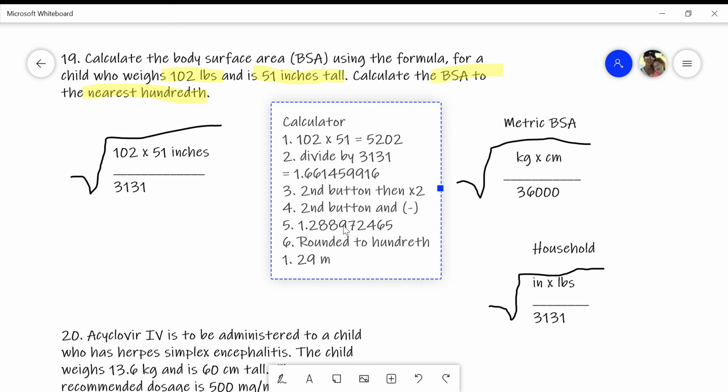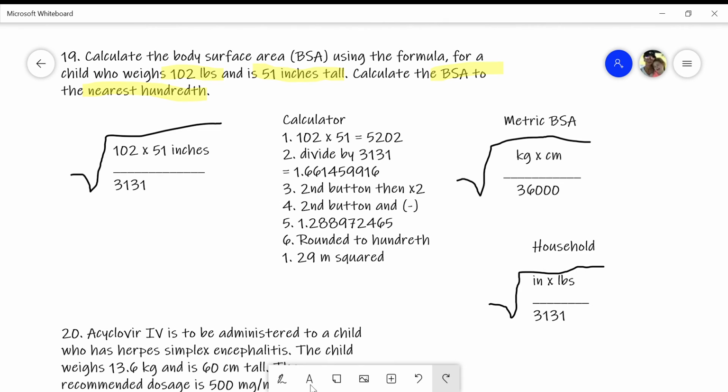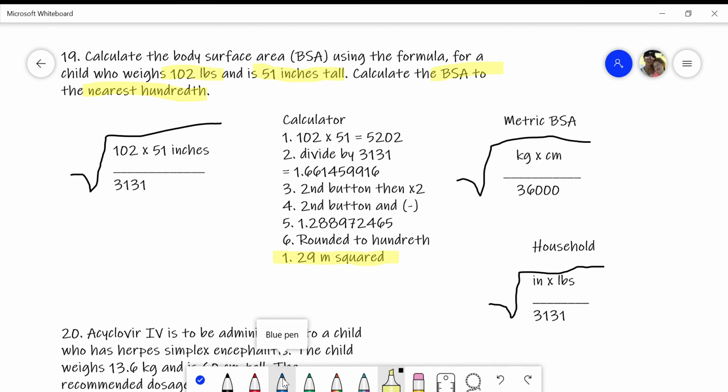And then that's meters squared, but I can't do the squared on here. I'm pretty sure that's right, but I'll double, triple check it again. Yeah, 1.29 meters squared. That's why I'm going to have to write down my formulas, because otherwise that would be my luck to do it backwards just like that and screw myself up.